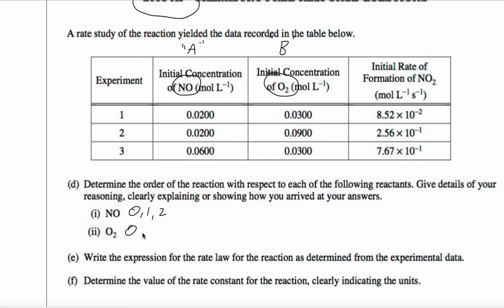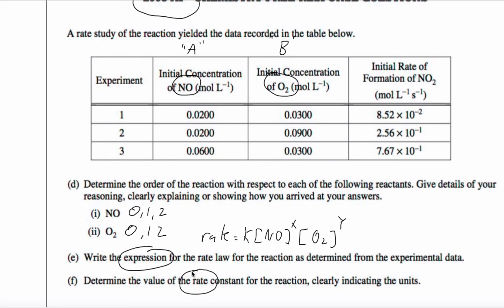And is O2 0, 1, or 2? Then they want you to write the expression, rate equals k[NO] to some power, [O2] to some power. And then find the value of the rate constant k by simply plugging one of the experiments in. I always choose 1. Don't worry about the units until we get back.